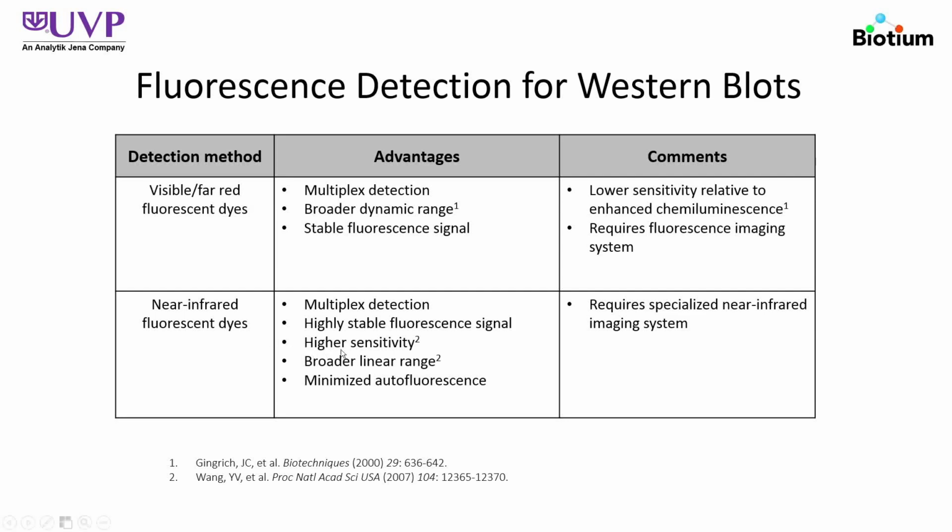So with near-infrared fluorescent dyes, Western blotting detection actually has a higher sensitivity and a broader linear range compared to chemiluminescence. These dyes come in different colors, allowing for multiplex detection. The one downside of these is that you do need to have a specialized imaging system that has the proper excitation and emission filters for imaging these dyes.